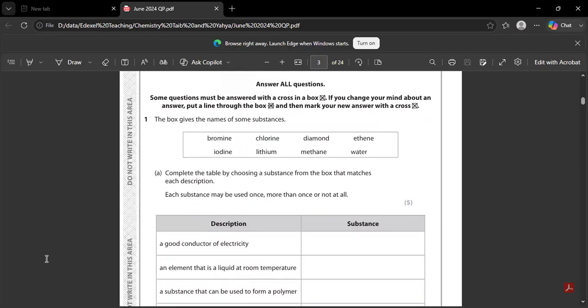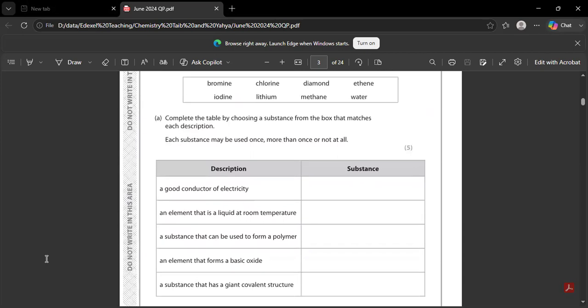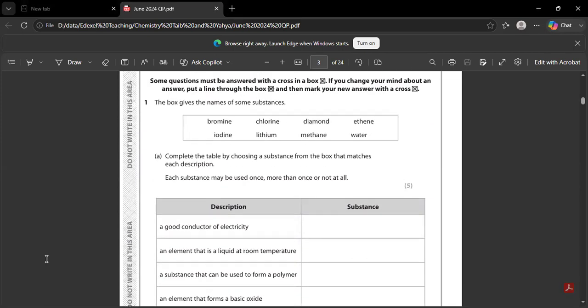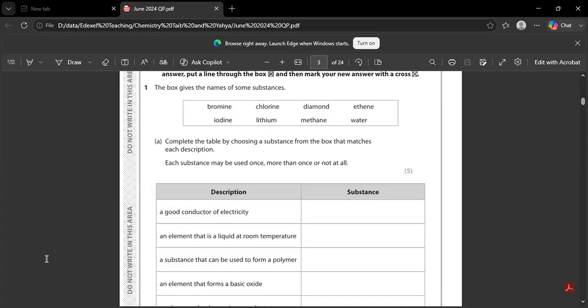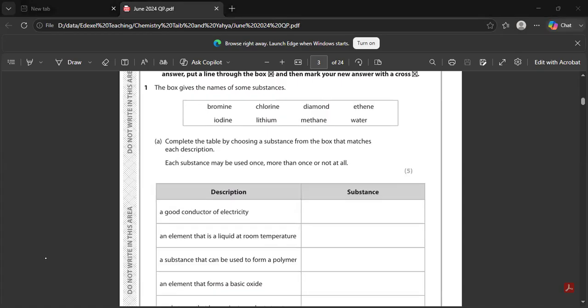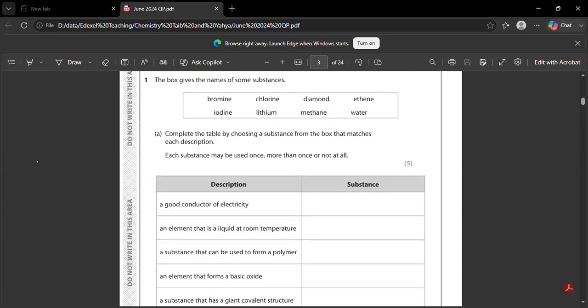The box gives the names of some substances: bromine, chlorine, diamond, ethene, iodine, lithium, methane. A good conductor of electricity among the given elements is going to be lithium, right?